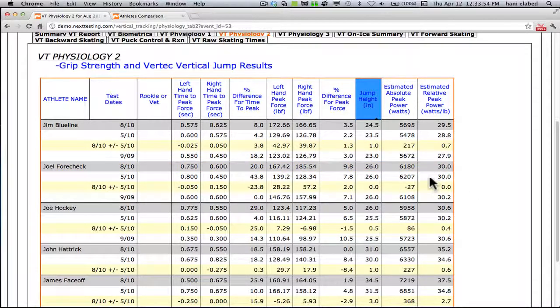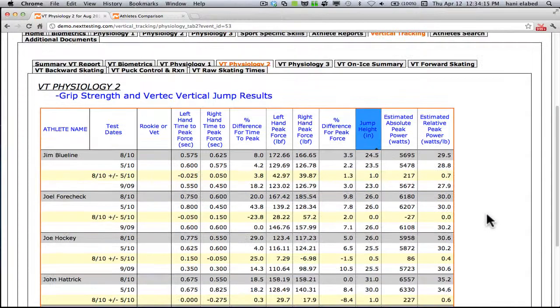He didn't improve between this time and last time, and he was better the year before. Joe improved, was at 30.6, regressed a little bit, and then got back to 30.6.